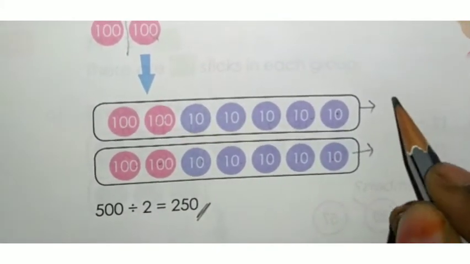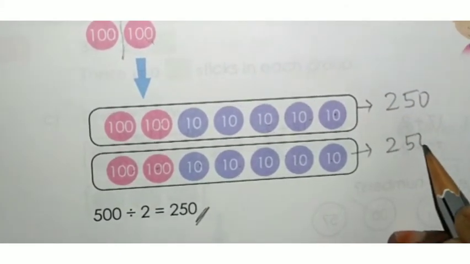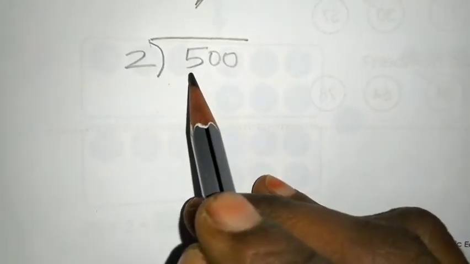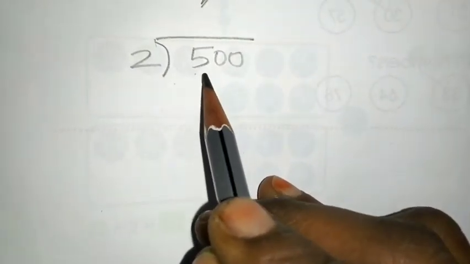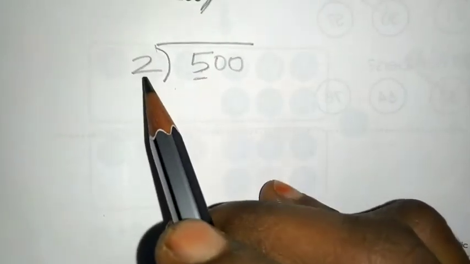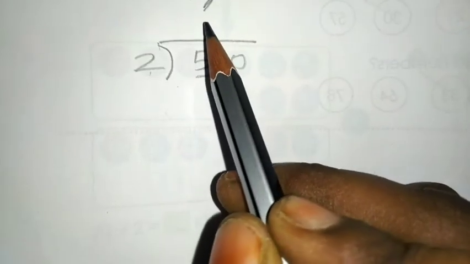Okay? 250 in each set. Let us do the normal division method. So first consider the 3-digit number. From the 3-digit number you have to consider the first number. The first number is 5. 5 is greater than 2, so we can divide it easily.